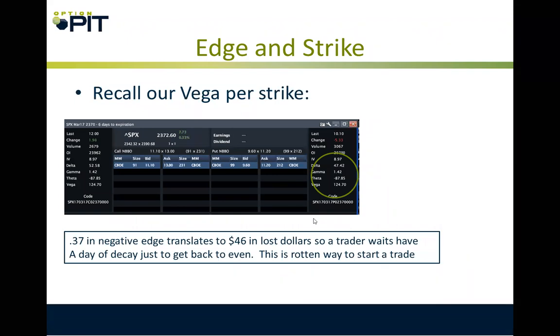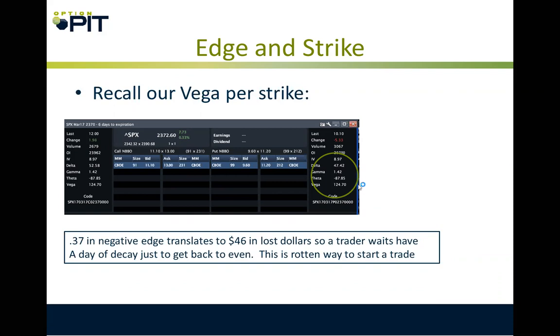Okay. So what happens is the 37.37 vol points translates into $46 in lost money for the trade. So since you put on something for negative edge, you can just think that that's theta dollars you're never going to get.